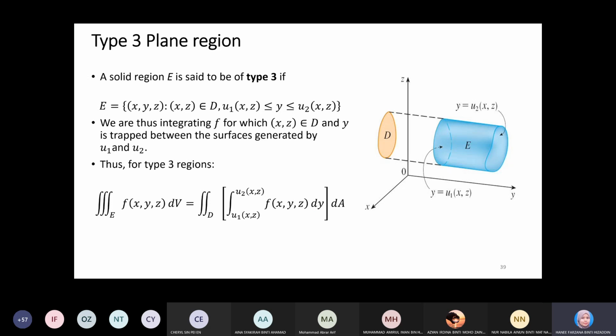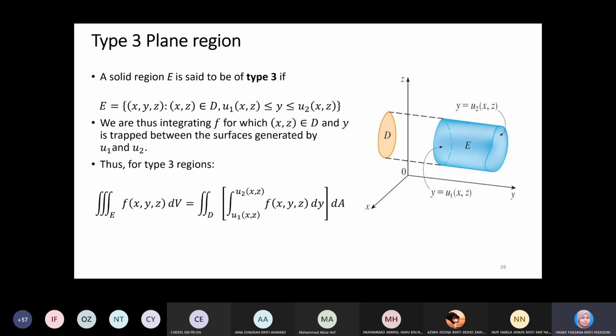Then type 3 is where the shadow lies on the XZ plane. So it's basically all triple integrals. It's just that where the shadow lies will define the order of integration, the easiest order of integration. You can, of course, do any order, but you also want to make your life easier.